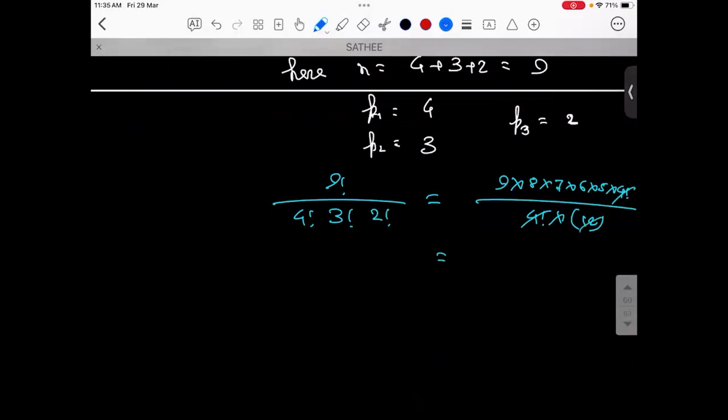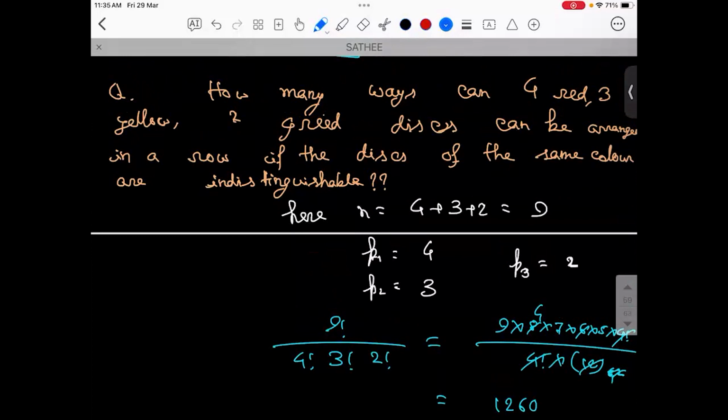Simplifying, you can multiply the rest and you will get the answer 1260. So this many arrangements are possible. Here I am using the formula for the case where order is not that important.